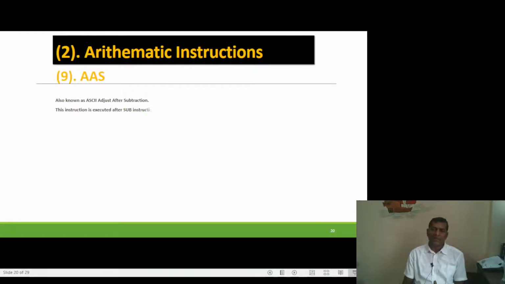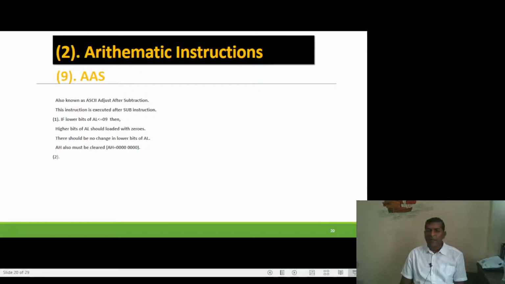AAS, the next instruction. This is ASCII adjust after subtraction. It is one and the same as the ADD instruction, the AAA instruction. So this instruction is executed after subtraction. If the lower bits of AL are less than or equal to 09, then the higher bits of AL should be loaded with zeros. There should be no change in the lower bits of AL.